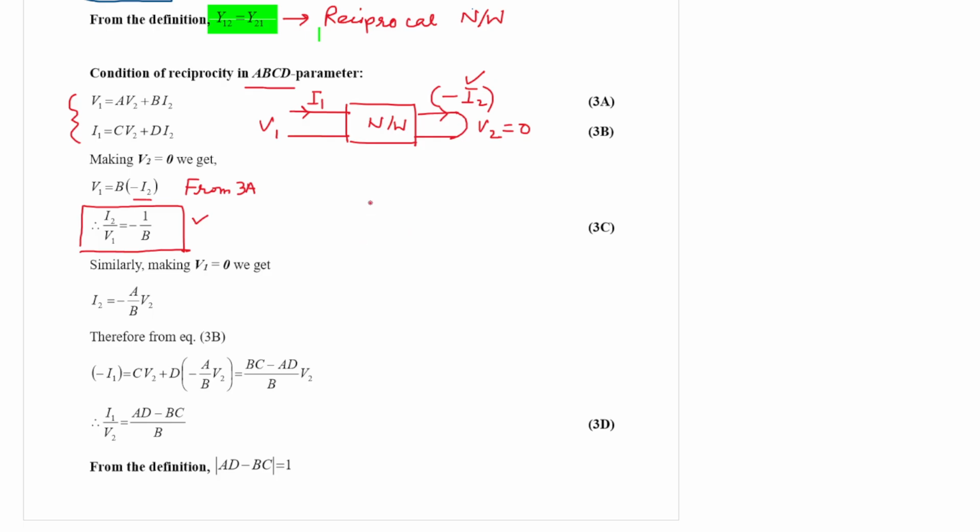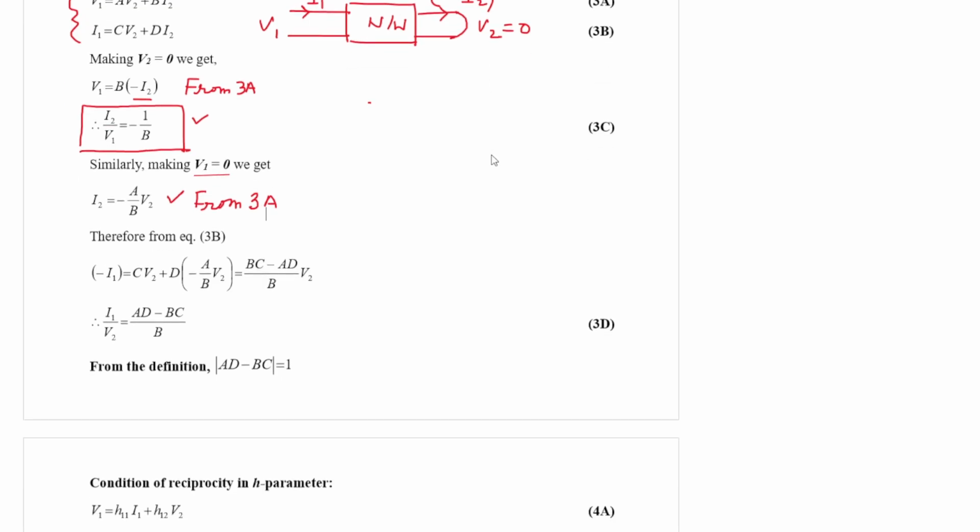And secondly, if you conduct a similar exercise by making V1 equal to 0, from equation 3a you will get the relation I2 is equal to minus A by B V2. If you substitute this value of I2 in equation 3b, then I1 becomes minus I1, because you are doing it from the secondary side.